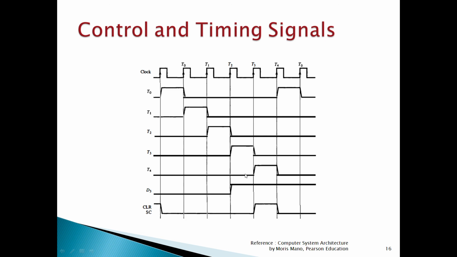Now see here, it is D3. Whenever D3 and T4 are both high, then the sequence counter is set to 0, or it is cleared.